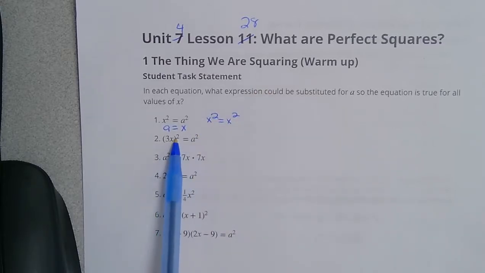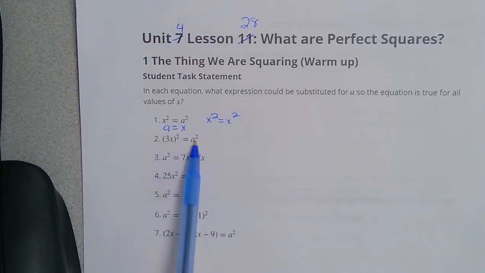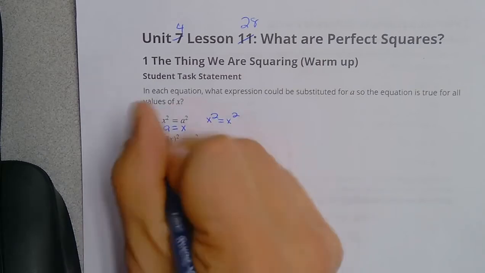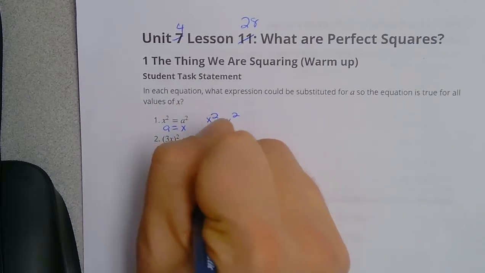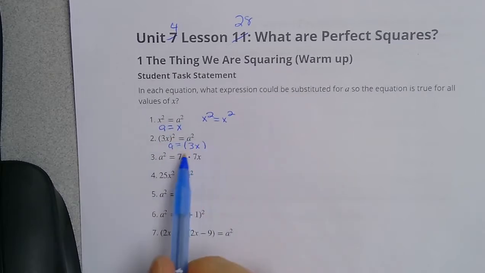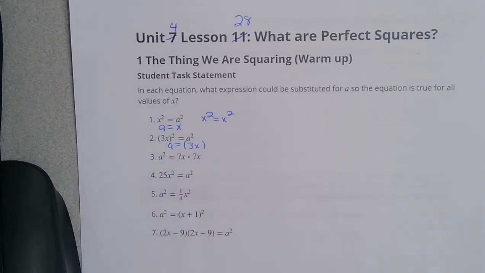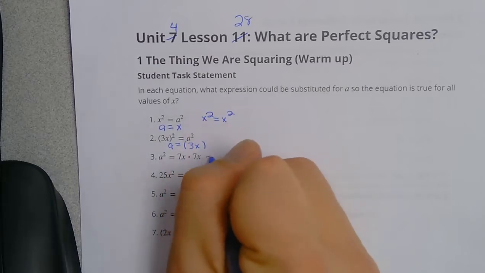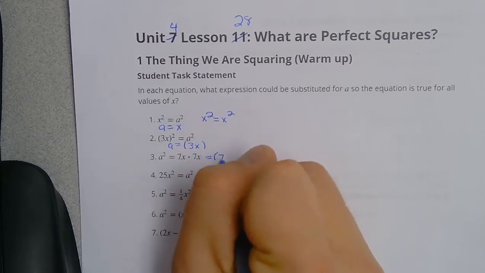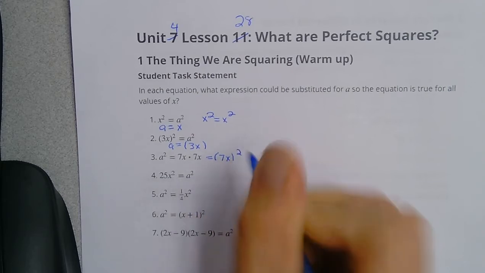For number 2, if I have 3x in parentheses squared, and I want that to be the same as a squared, I have to put in a is equal to, in parentheses, 3x, or just a equals 3x. Either is fine. For number 3, 7x times 7x equals a squared. Well, if I multiply that out, I can see we have 7x all being squared.